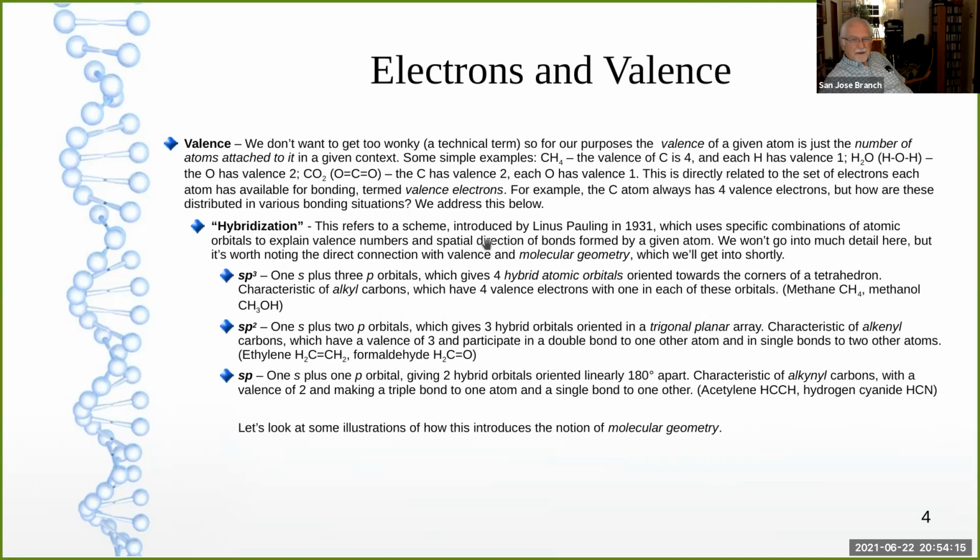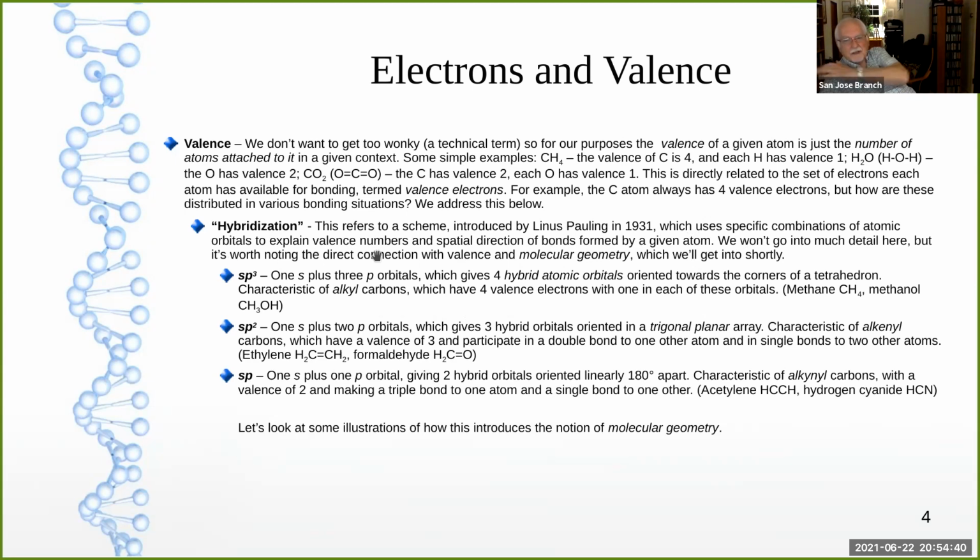And again, Linus Pauling came up with the notion of hybridization because he was looking at atomic orbitals, which are coming from quantum mechanics, but we're not going to get into the specifics of how they come about in quantum mechanics.